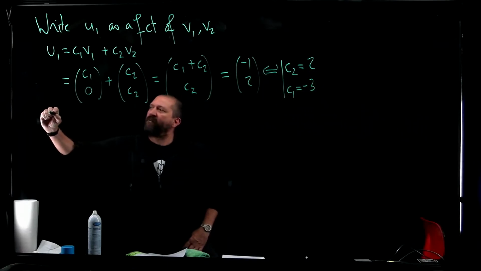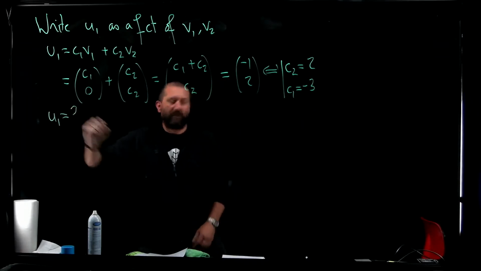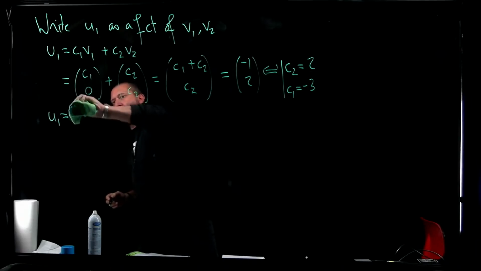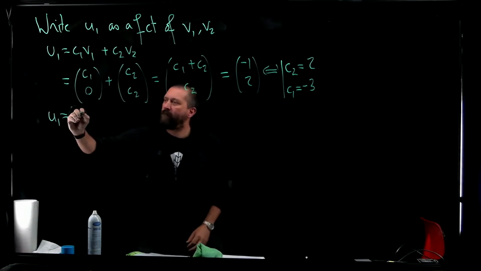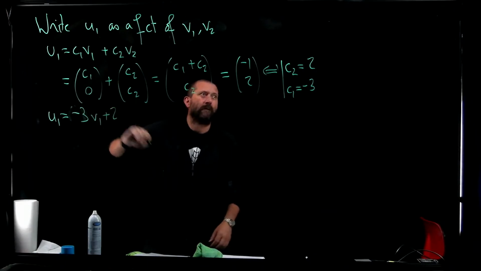So that means u1 is equal to -3 v1 plus 2 v2.